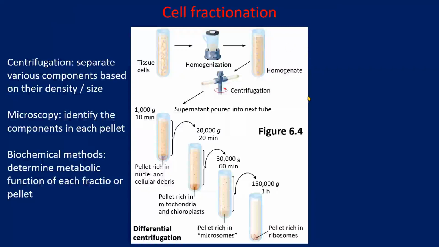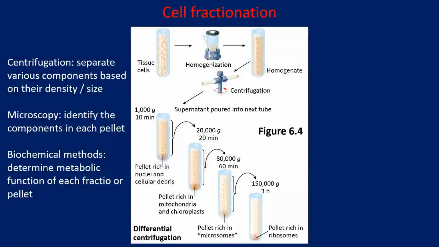So over here, what you see is, let's say, tissue cells with different organelles, and what you do is you go for a homogenization process, and after that you can centrifuge it.